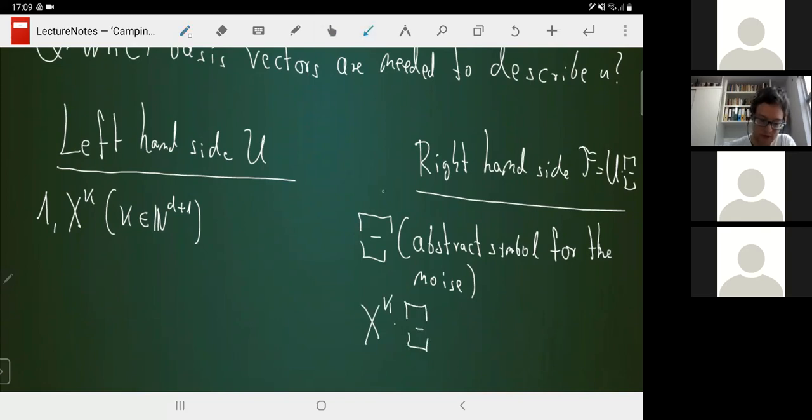So this is like 1 times xi, and this is x to the k times xi. Again, for smooth functions, the only basis vectors we would need are these. Now we can't really expect the solution to be completely smooth. So we need something else. And this something else we call xi, capital Xi.